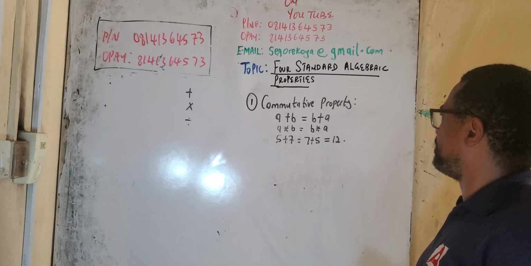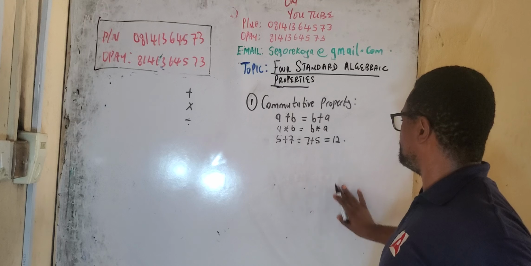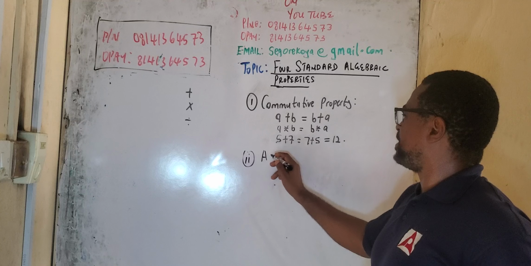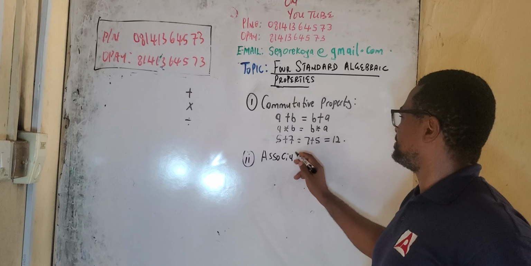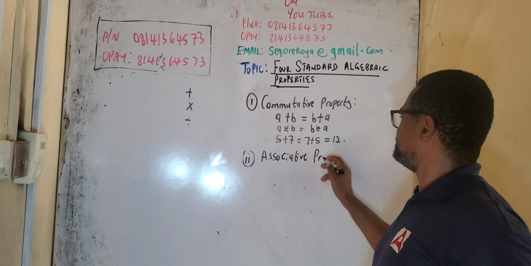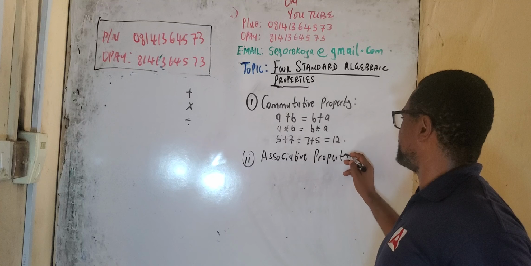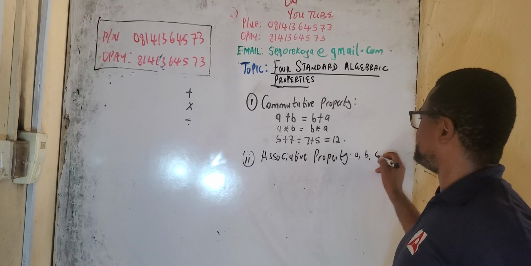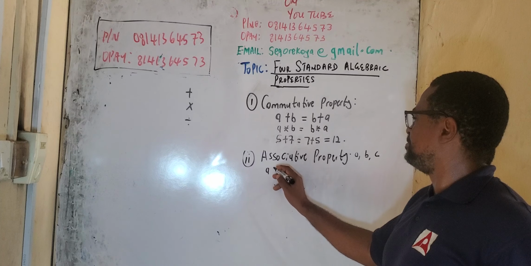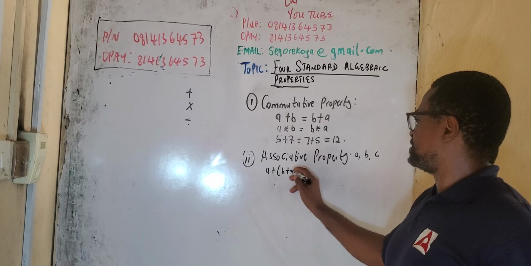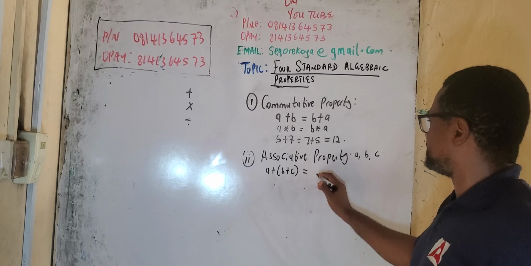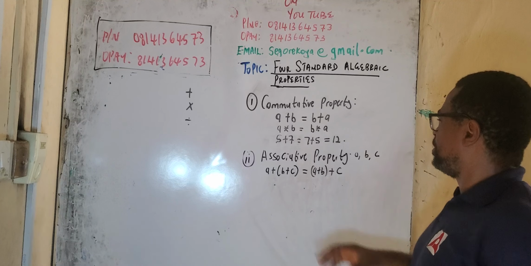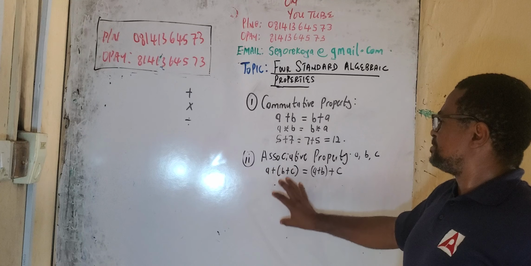That's the commutative property. Then the next one that I want to talk about is called the associative property. In the associative property, we are considering 3 elements A, B, and C. For instance, A plus B plus C, according to the property, is the same thing as A plus B, then plus C. So in this case, we can just shift these brackets between these 2 elements.